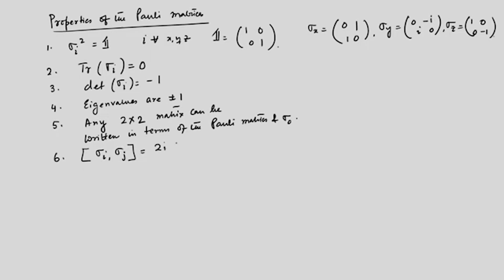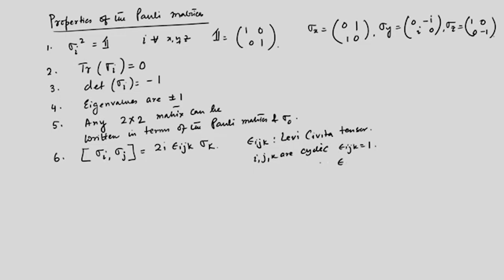So the commutator of sigma i and sigma j is equal to 2i epsilon ijk sigma k, and this epsilon ijk is called the Levi-Civita tensor. It has the property that if i, j, k are cyclic, that is, in clockwise order, then epsilon ijk is equal to 1.